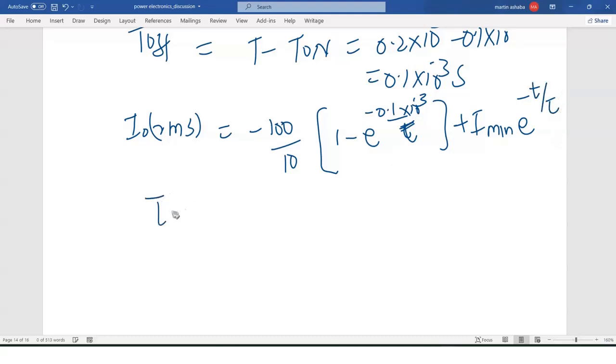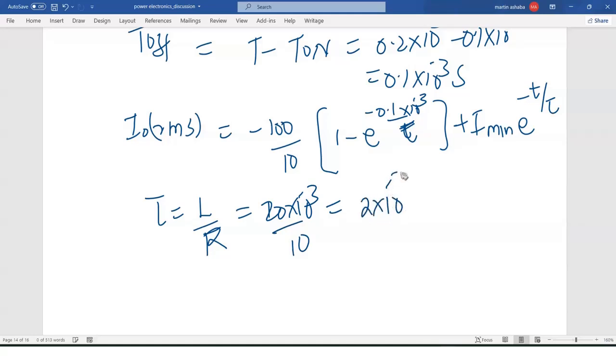So what is tau? Since this is an RL circuit or RL load, we shall define our time constant as L divided by R, and this is 20 times 10 power negative 3 divided by 10. This is giving us 2 times 10 power negative 3 seconds.